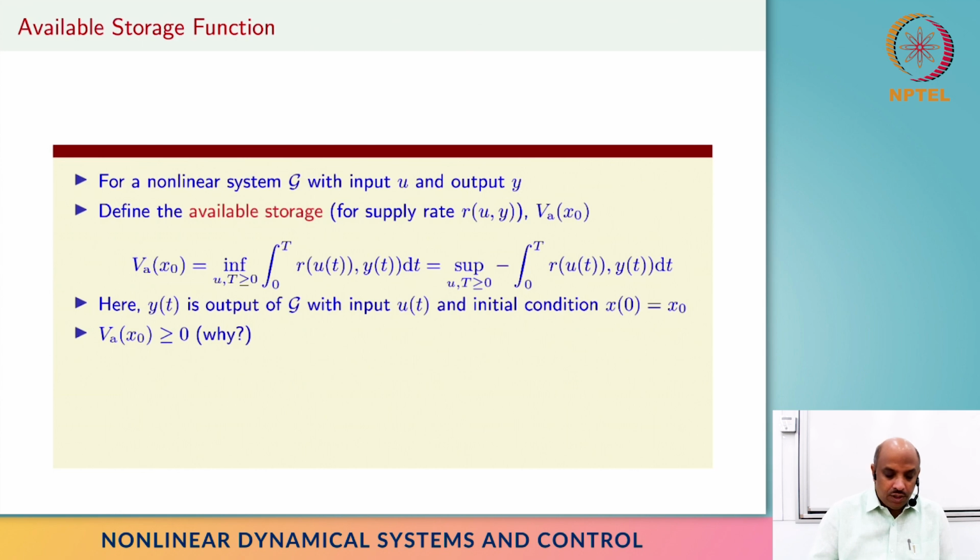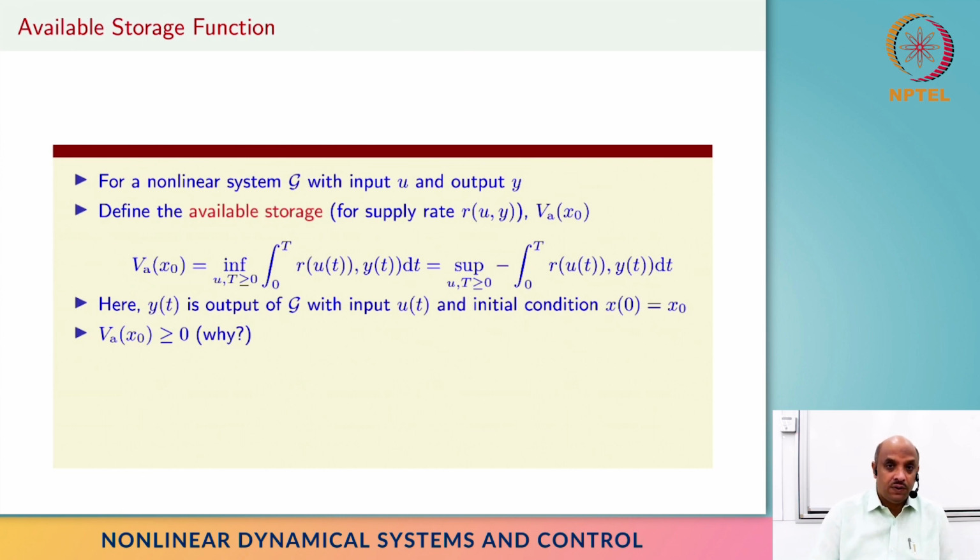You consider all kinds of u, and for each one of those inputs you will get an output, and compute this integral of the supply rate, right? So keep doing this for various u's and different times, and take the smallest of those, the infimum of all those, or put a negative and then take the maximum. Either is fine, they're one and the same.